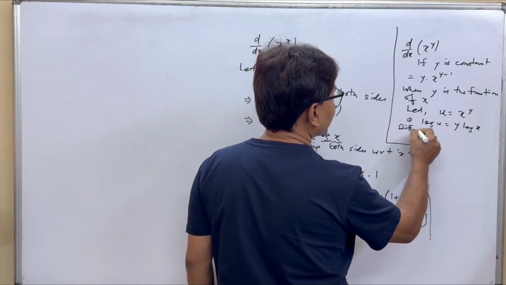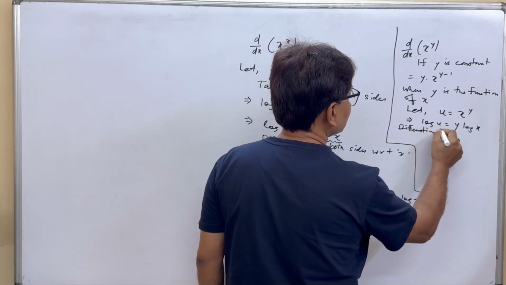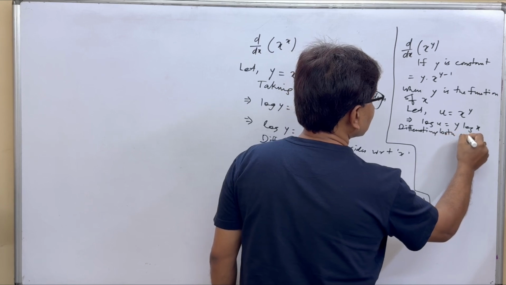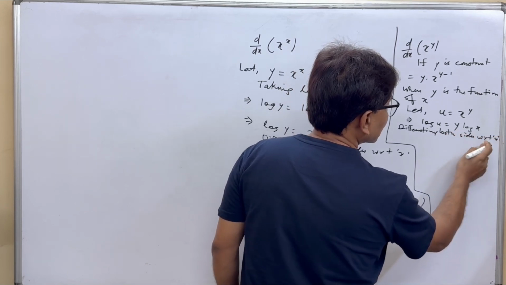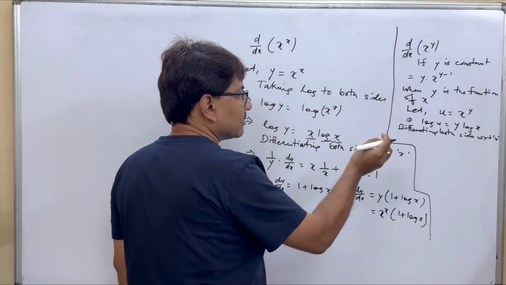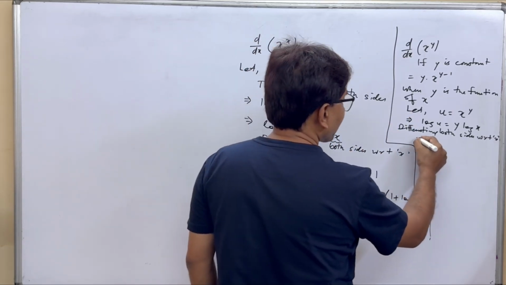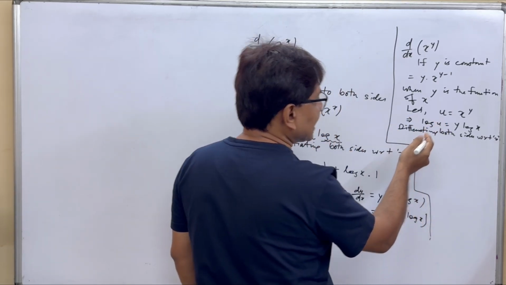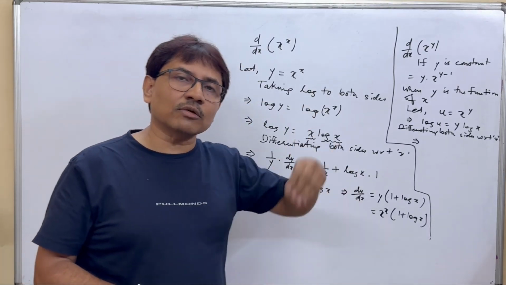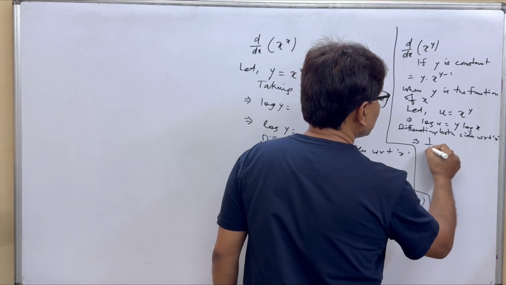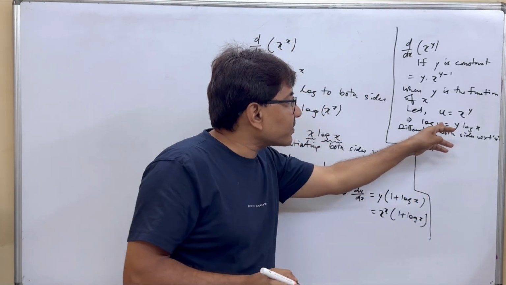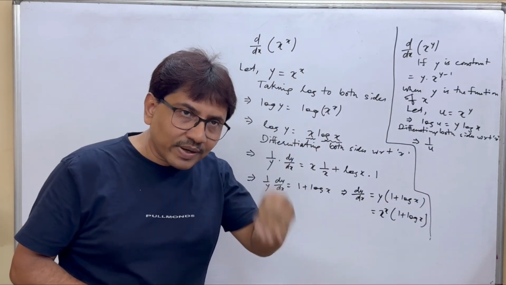with respect to x. WRT means with respect to x. So d/dx of log u is 1 by u, and further differentiation of u is du by dx.